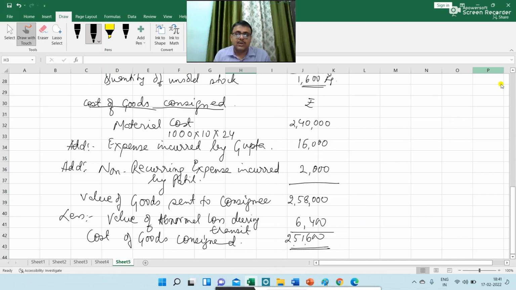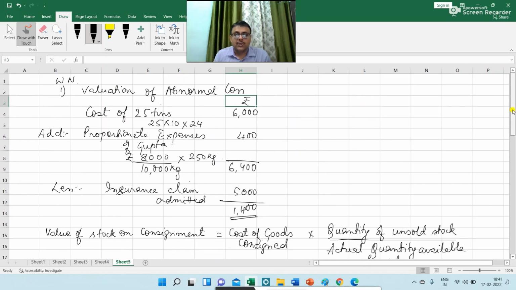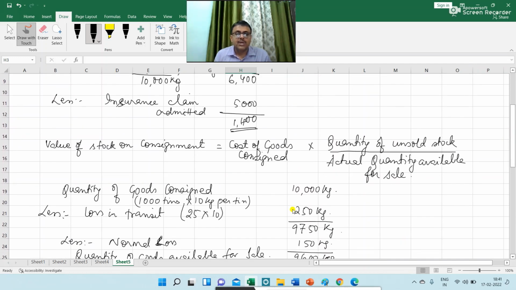Now you need to calculate the value of closing stock. You need to just put these values in this equation. So value of closing stock is equal to cost of goods consigned, that is 2,51,600, into quantity of unsold stock, that is 1,600, divided by actual quantity available for sale, 9,600.